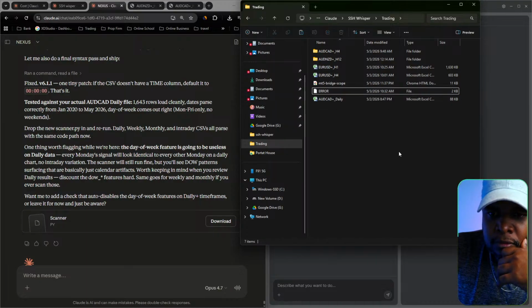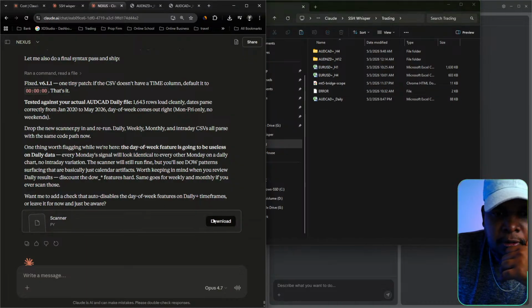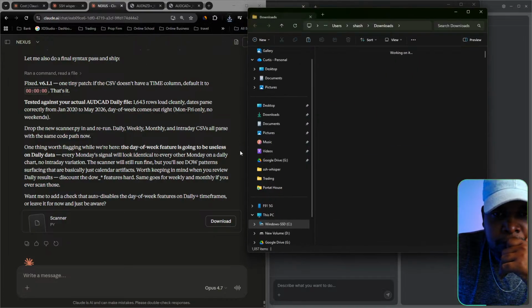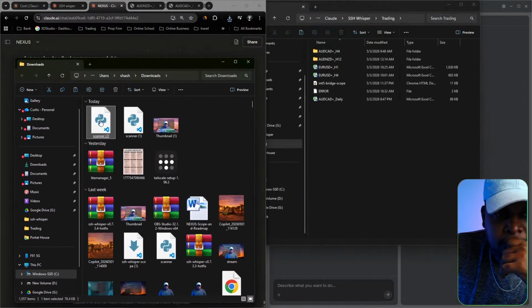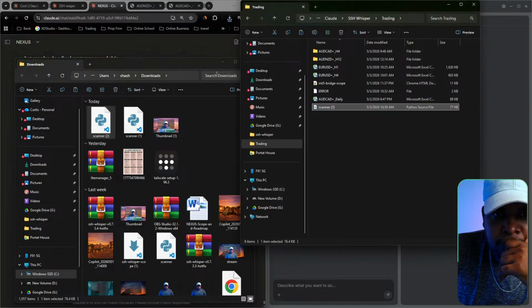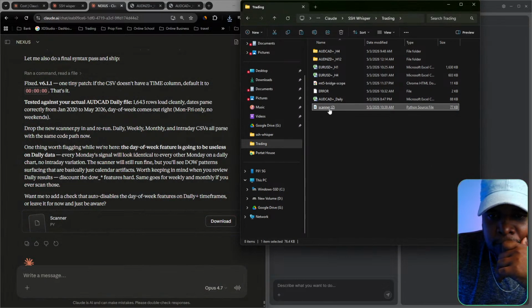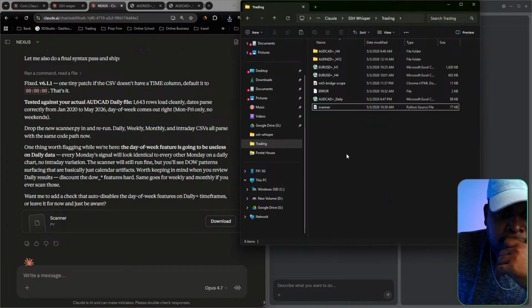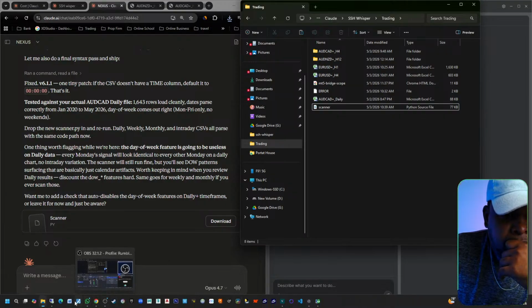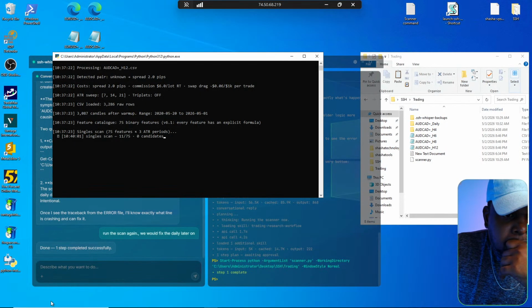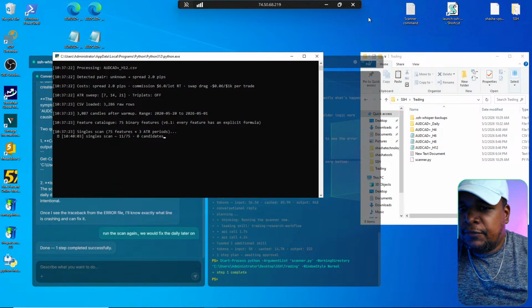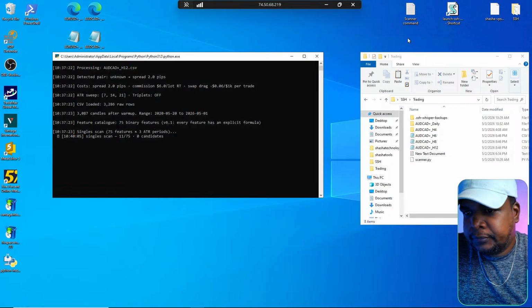Right, so we delete that. All right, so the scanner on the VPS is scanning.